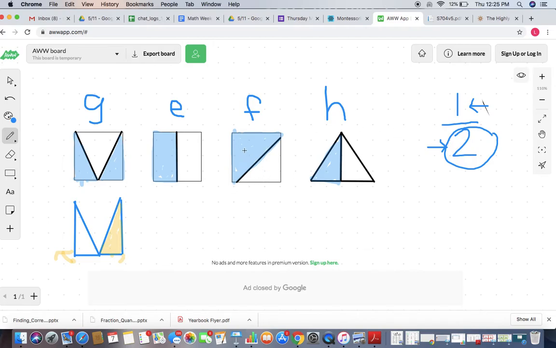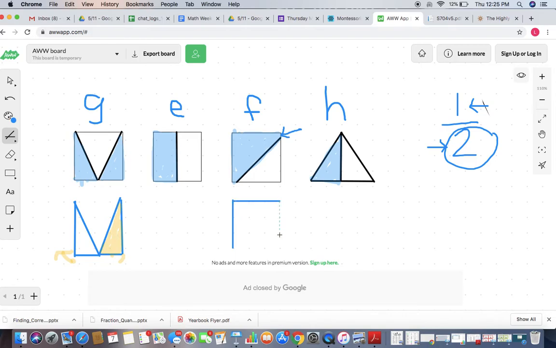So let's look at F. There are two parts for sure, which represents the bottom number, the denominator. But look at where this line starts. This one was tricky. This is not exactly half. In fact, let's draw one where it is exactly half. We would have a square like so.